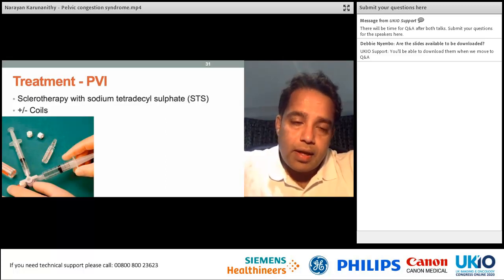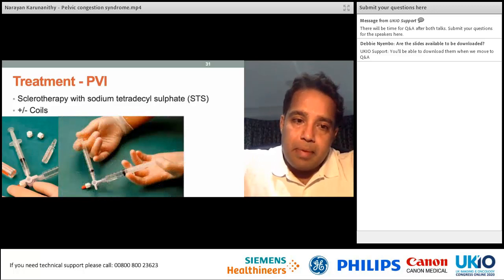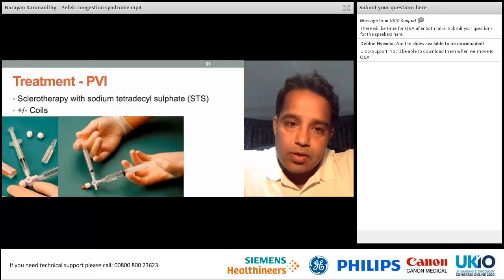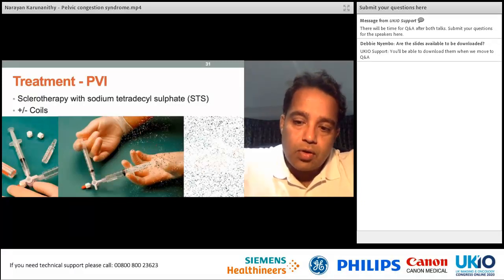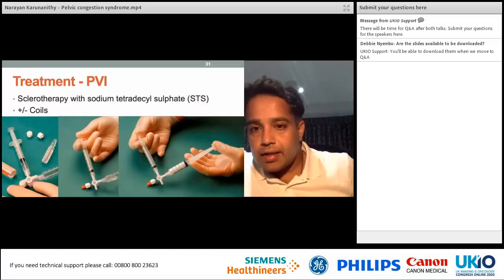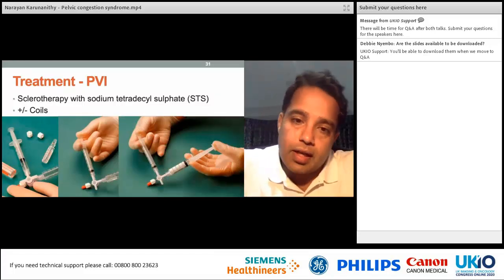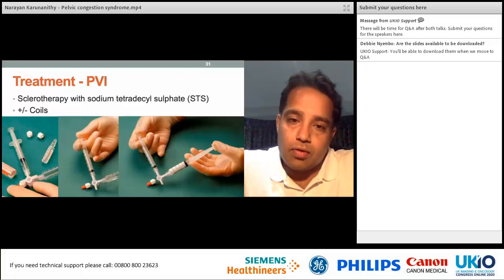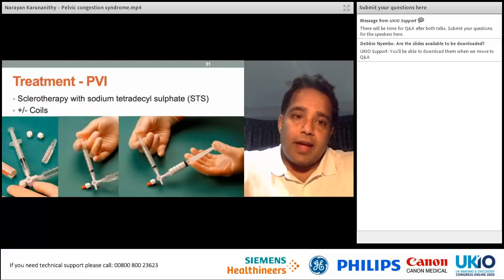We draw up the sclerosant and mix it with air with the use of a 3-way tap, in a back and forward movement to create a foam. And once that foam is created, that's then injected into the area that we want to sclerose, be that the parametrial, paravaginal, or refluxing veins.